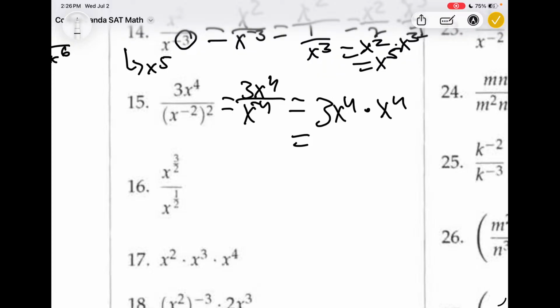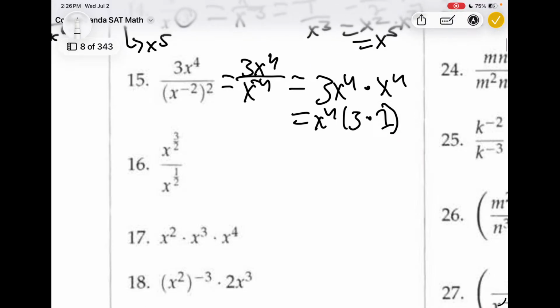So we can factor out an x to the 4th here. Then what? 3 times 1 is 3.